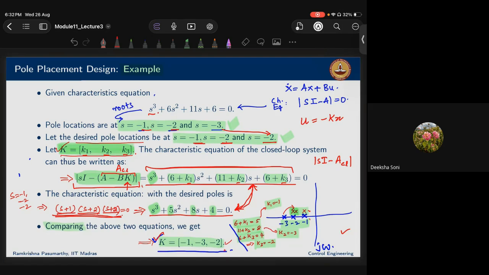Just substitute it. K1 is -1. K2 is what? -3. K3 is what? -2. Now tell me what is that polynomial?